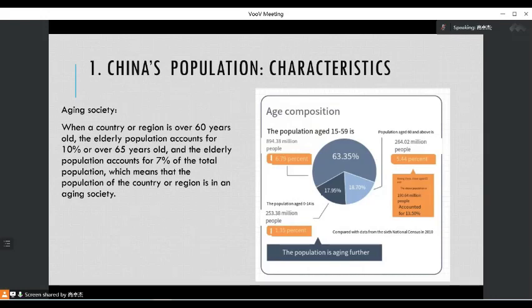Then the society is called an aging society. There are many aging countries in the world.